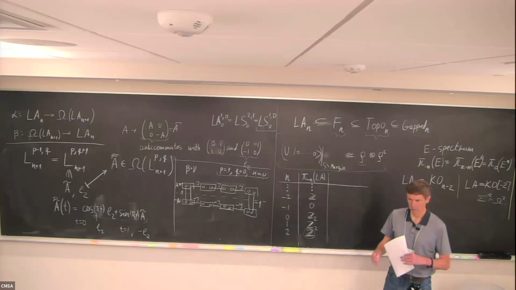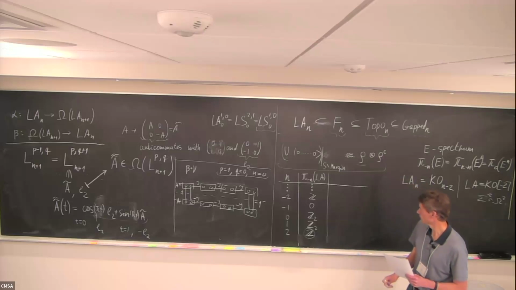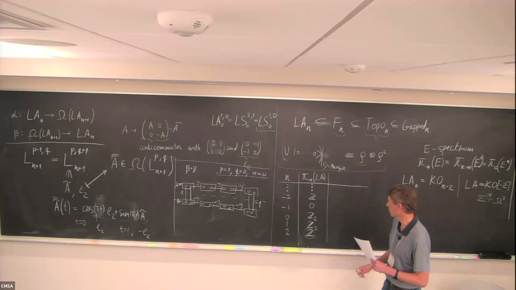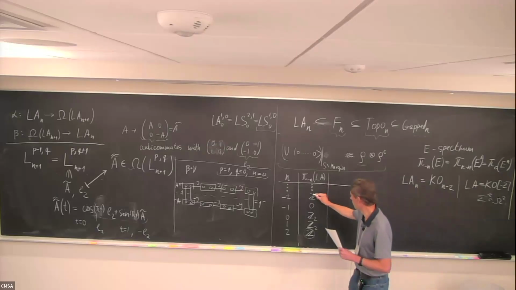Like the zeroth member is Z times BO. Do you mean to have negative n there, and negative 2? Yeah, okay, all right. Did I do something wrong? I think it's good.